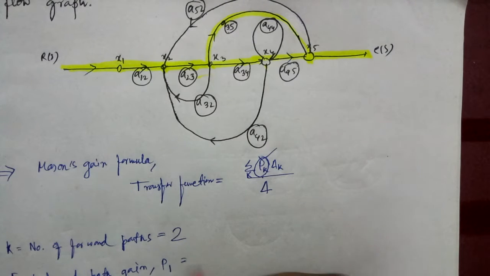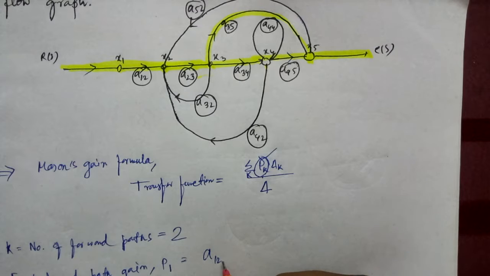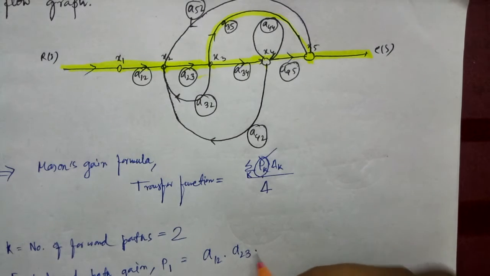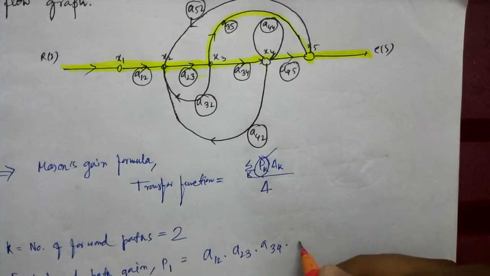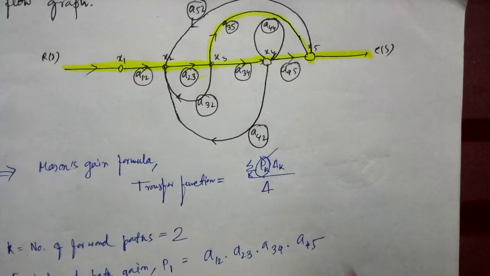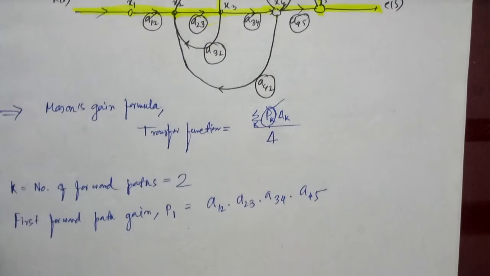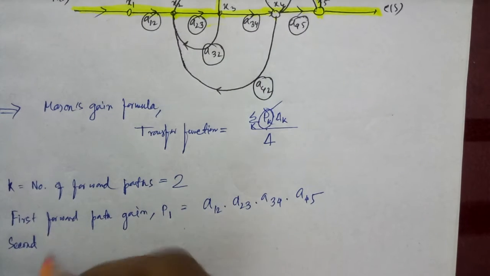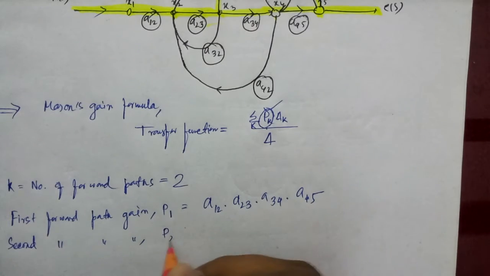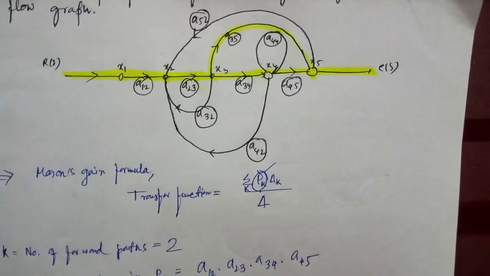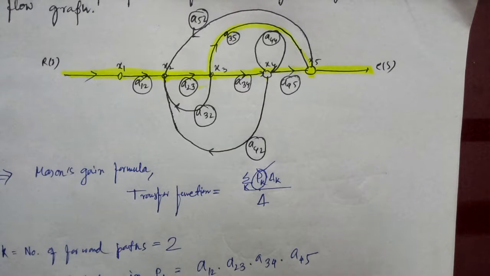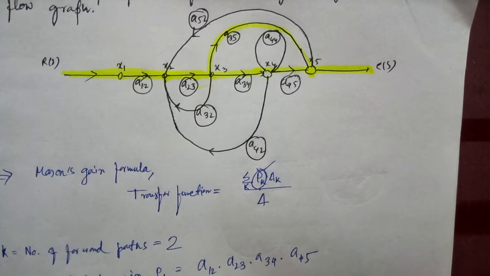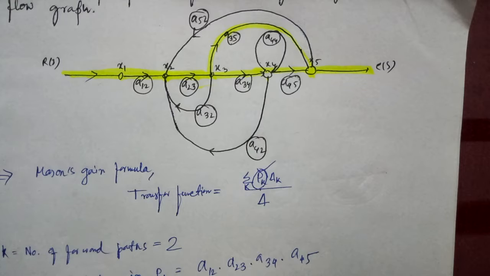Hence the first forward path gain will be a12 into a23 into a34 into a45. This is very simple to calculate. Now there are two forward paths, so the second forward path gain, P2, is a12 into a23 into a35.